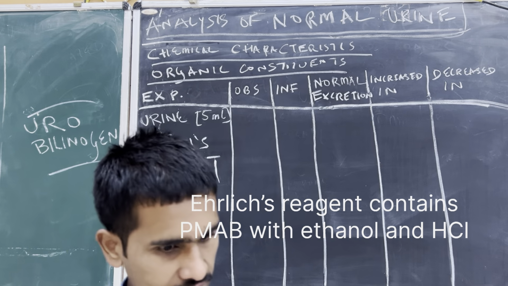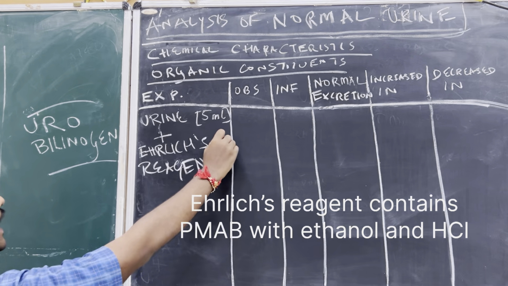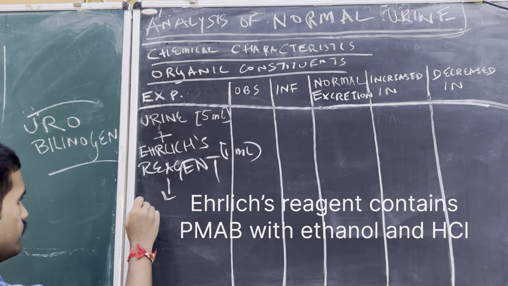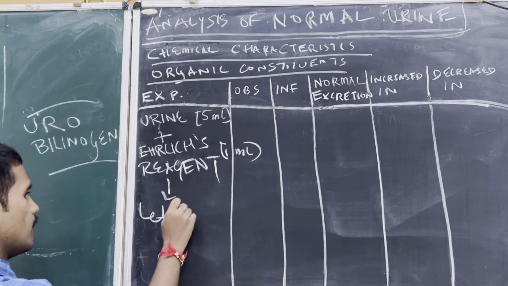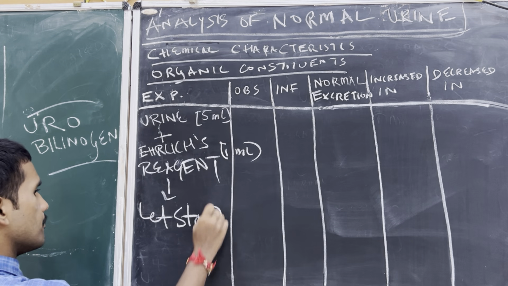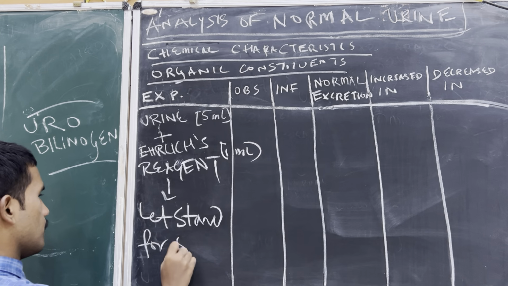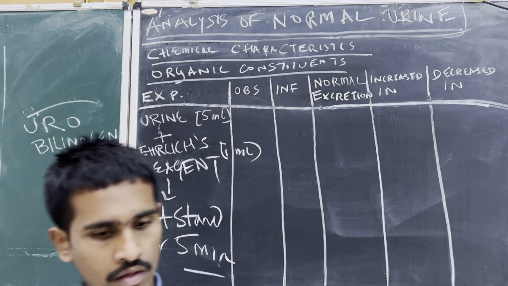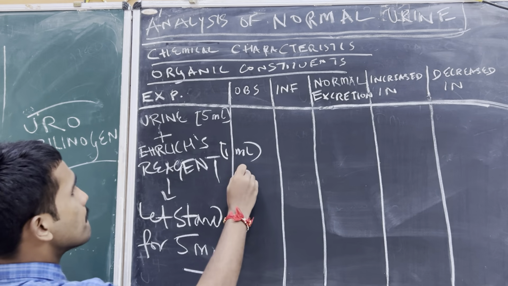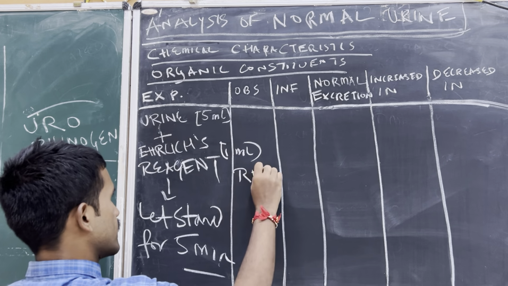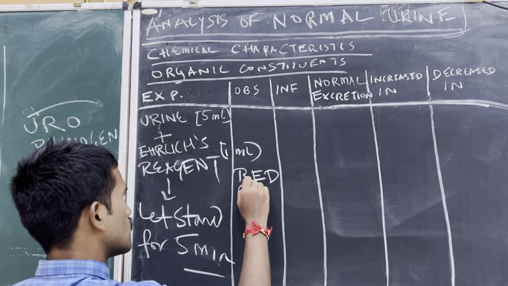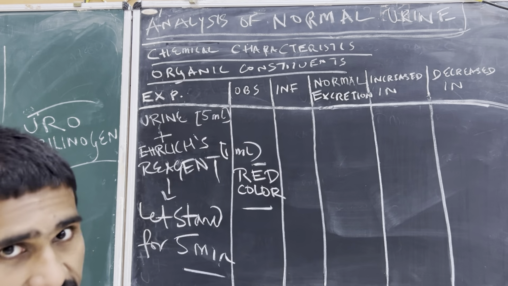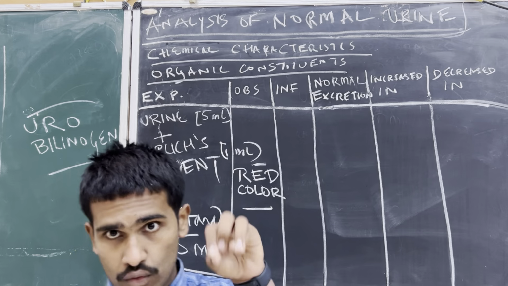We take 1 ml of Ehrlich's reagent, and we let it stand for 5 minutes. So what is the observation? Red color is seen when viewed through the mouth of the test tube.